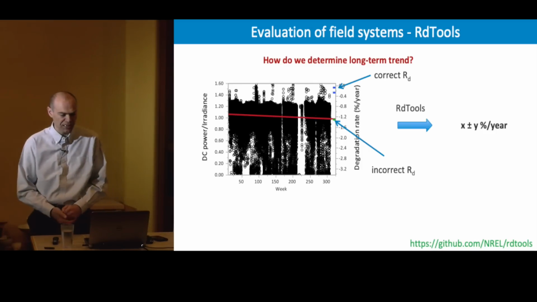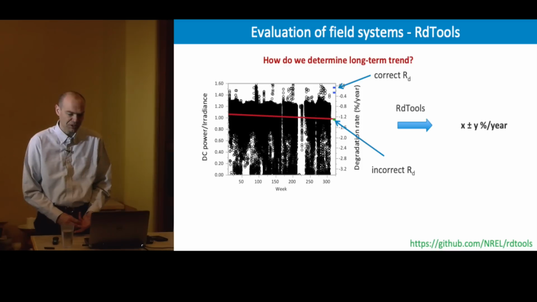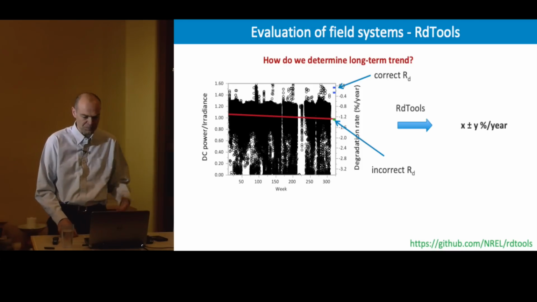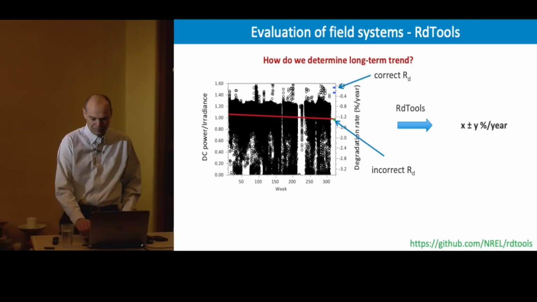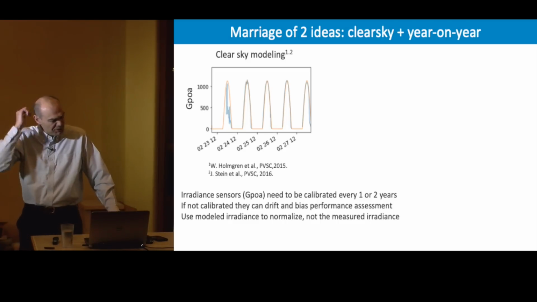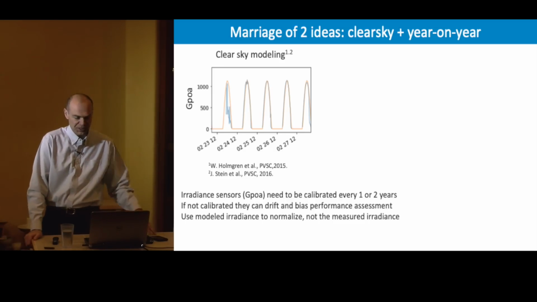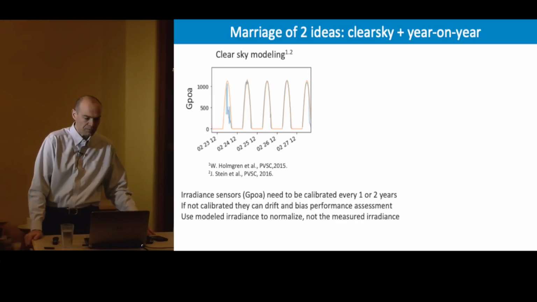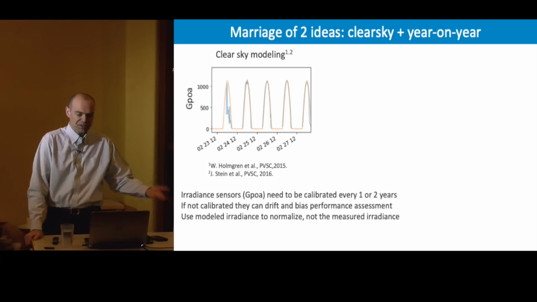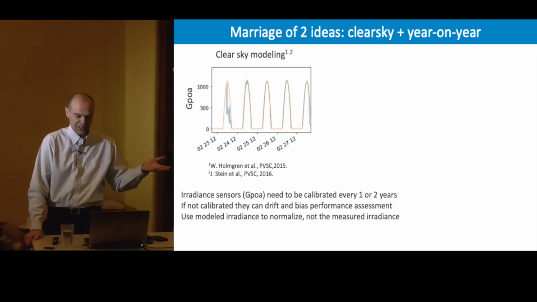So we have developed in the last couple of years a software tool that allows you to extract these long-term trends. And that's free and publicly available. And that's really two ideas. When you measure the irradiance, which is the radiant flux from the sun per square area, sensors that measure that can drift in the field, and that can lead you to wrongly assess how your system performs.